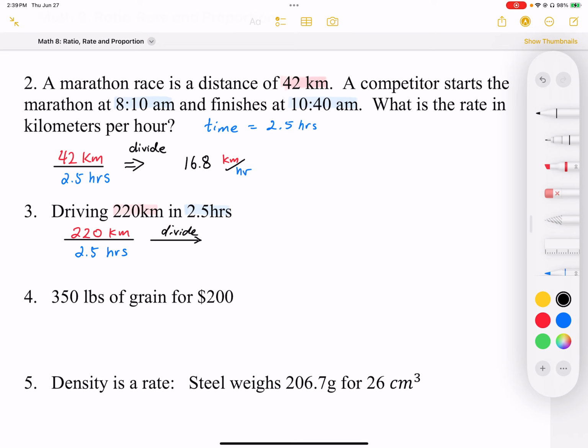Again, to do that, we're going to divide. So 220 divided by 2.5, that works out to be 88. What are the units for this? We see there's kilometers on top per 1 hour on the bottom.